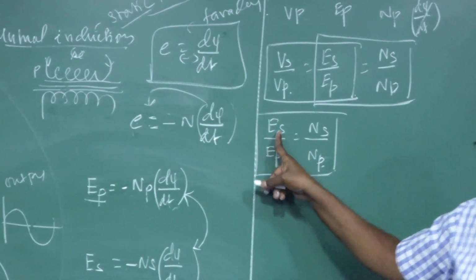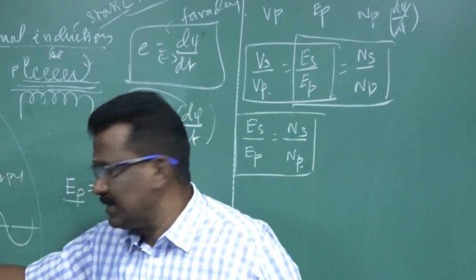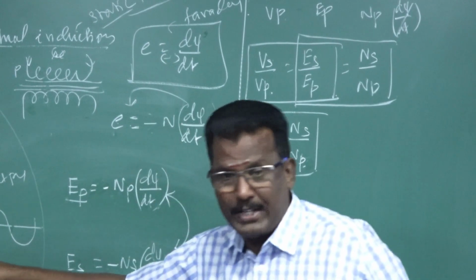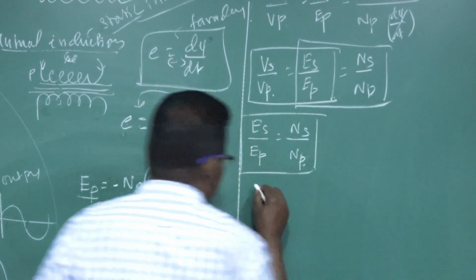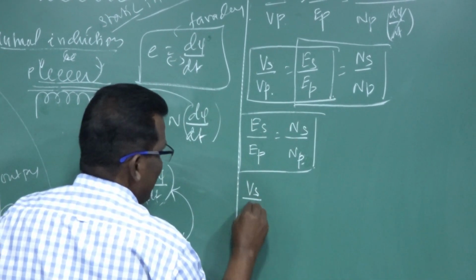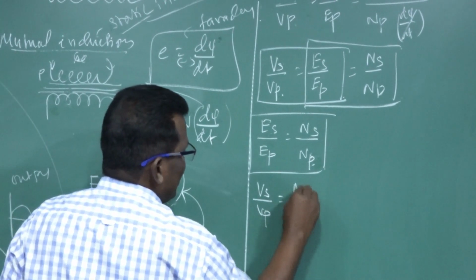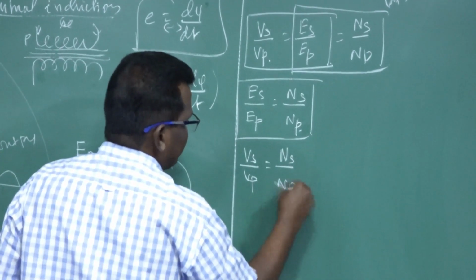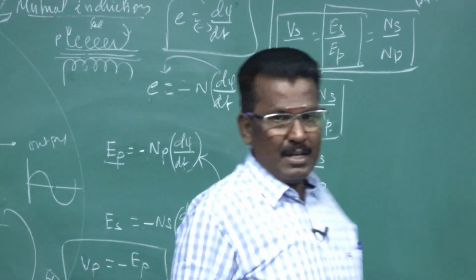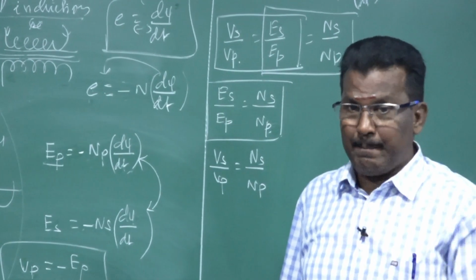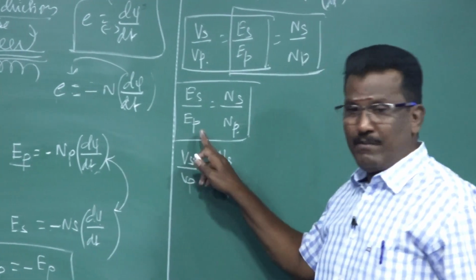Es represents the EMF induced across the secondary, which is equal to the applied voltage, so Vs by Vp is equal to Ns by Np, because Es is equal to Ep and Vs is equal to Vp.